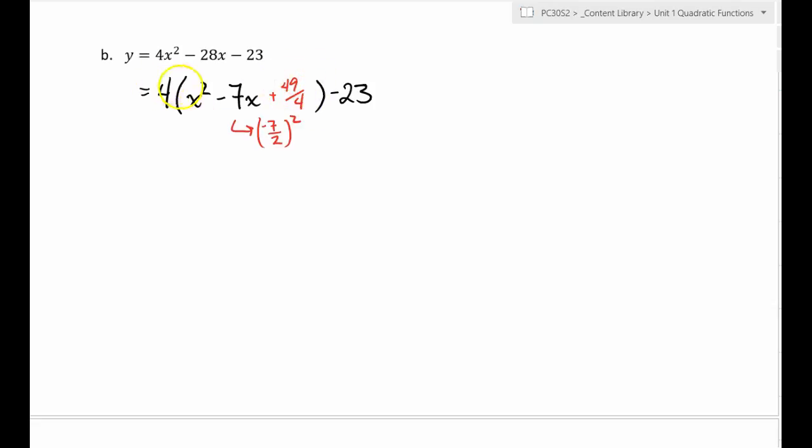49 over 4 has actually been added 4 times. So 4 multiplied by this actually cancels out my denominator. So what I'm really wanting to do is subtract 49 from the outside. And so my final answer is going to be 4 times x minus 7/2 squared minus 72.